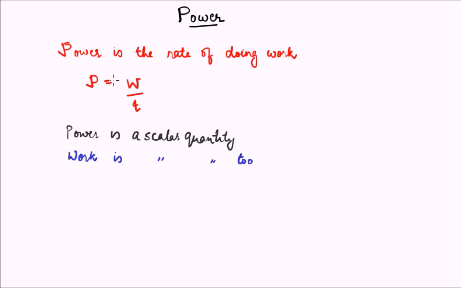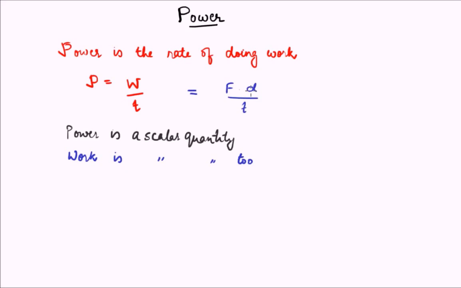Now, we know the basic definition of power is work per unit time. From this, we can find an extended definition of power too. What do I mean by that? I mean that work is defined as force into displacement in the direction of the force.